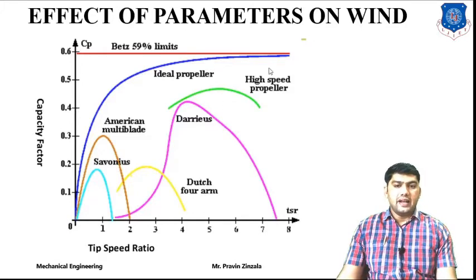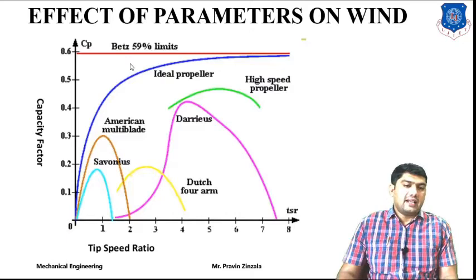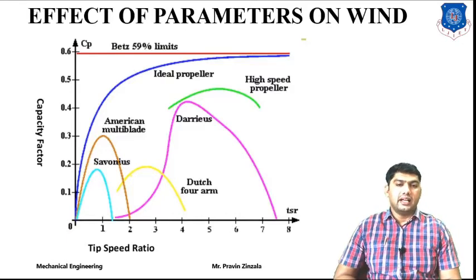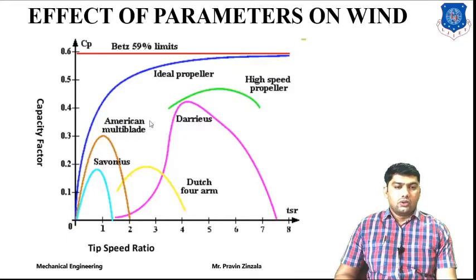And this is the ideal propeller type windmill. And this is the Betz limit, which means 59.3% efficiency. We also derive the equation for the Betz limit, the maximum efficiency of a wind turbine.